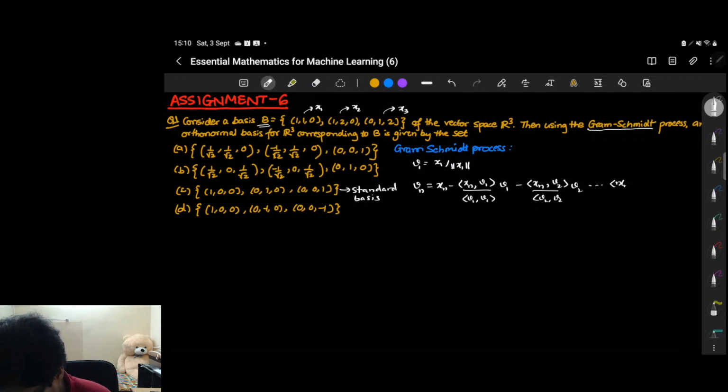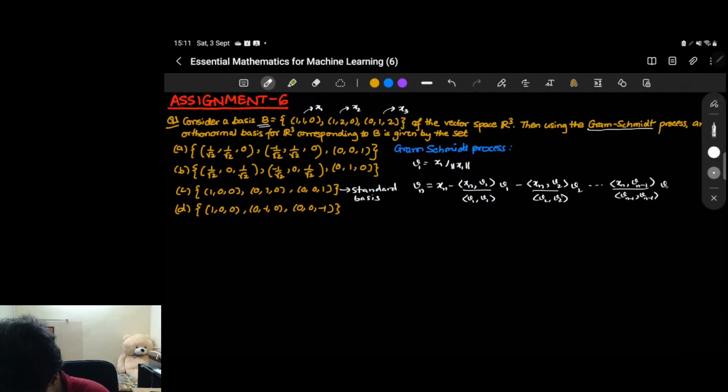So xn, v n minus 1, in the direction of Vn minus 1.